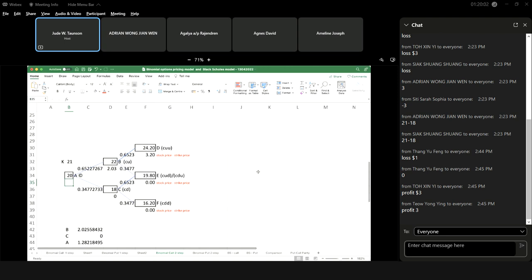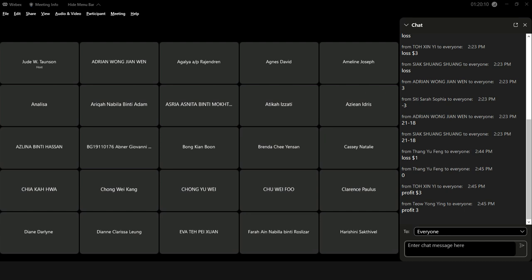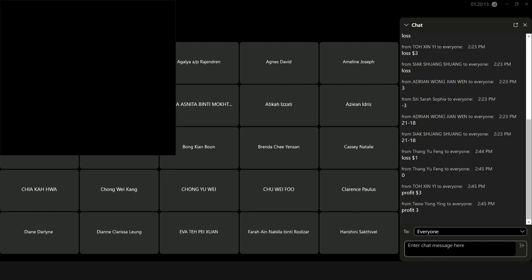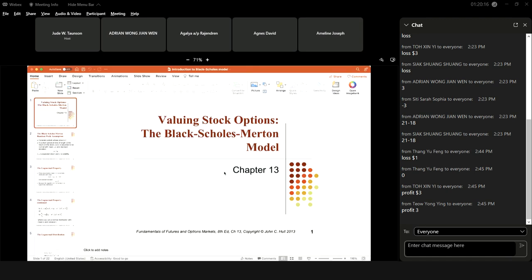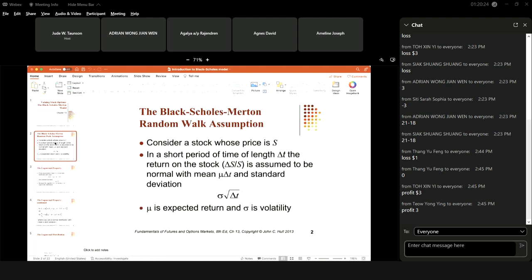Next we move to the Black-Scholes model. But let us look at the PowerPoint slide. Please read this one.